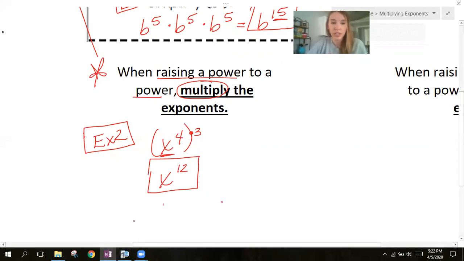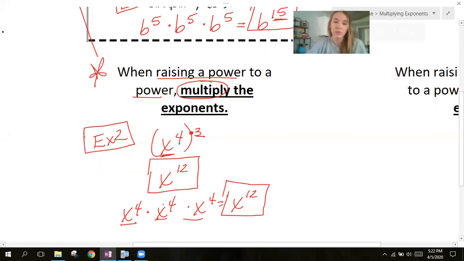Because what you're doing is you're doing x to the 4th power times x to the 4th power times x to the 4th power. Because there's 3, so 1, 2, 3. So that would be x to the 12th. Because in the last one, it said if we have all of the same bases, then you add all of them. So 4 plus 4 plus 4 would give you 12.